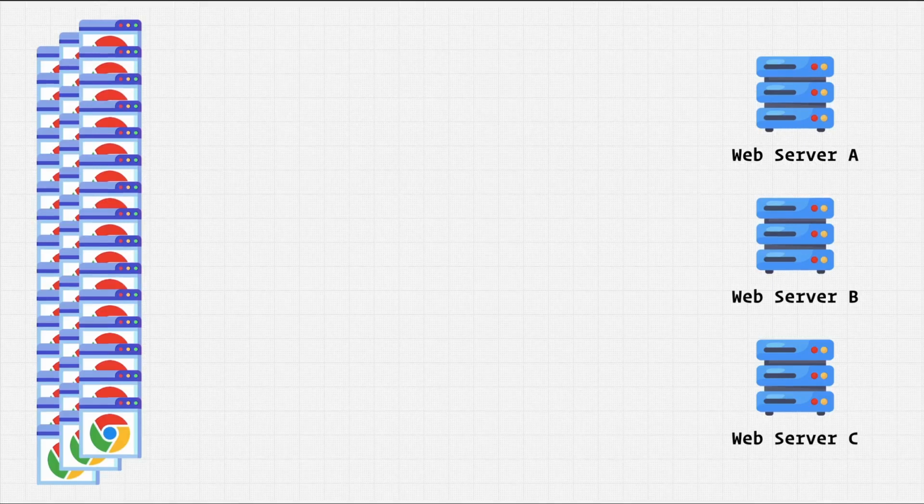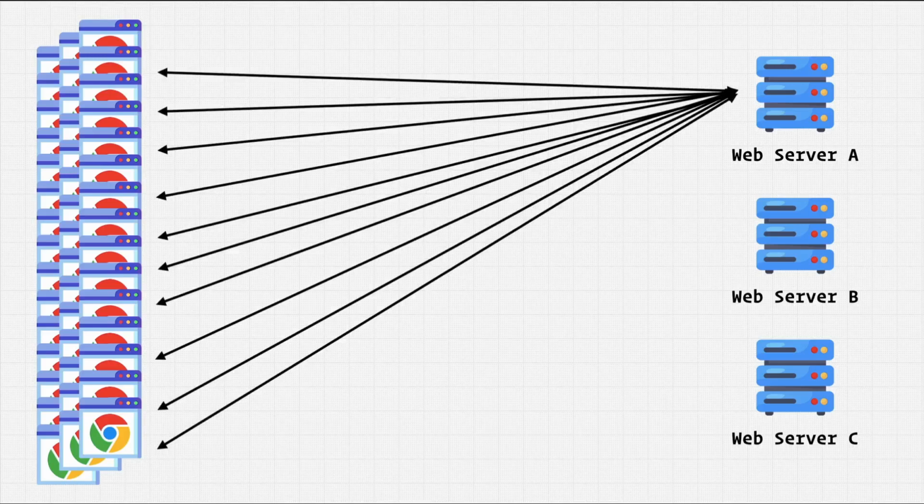So here, what we want to talk about is when these requests start being made from the browser. Without a load balancer, we have no real way to figure out how to properly manage the actual requests coming in. It's very easy to see where maybe all of these requests are going to one server.